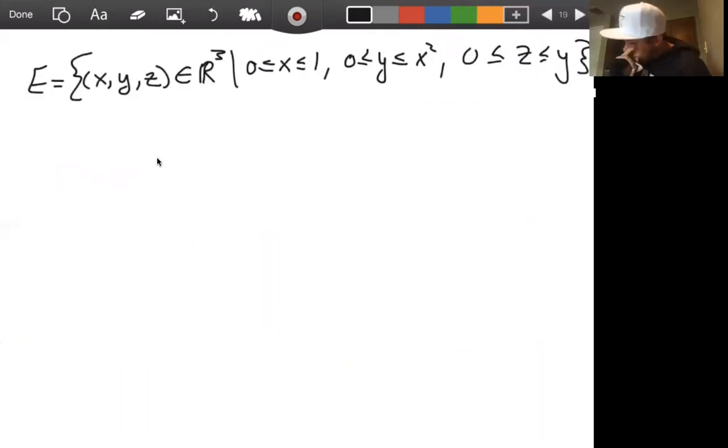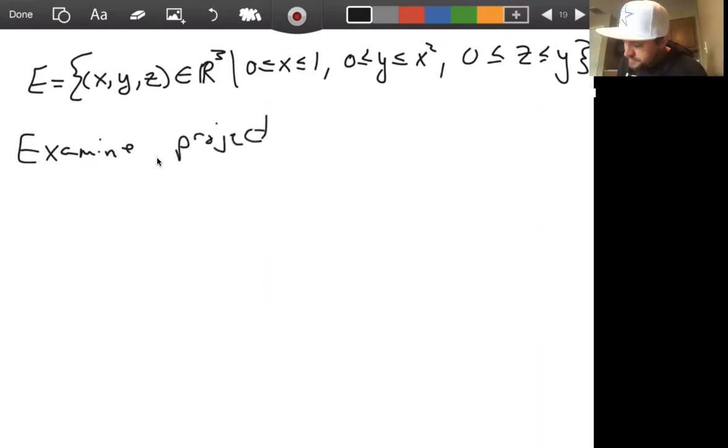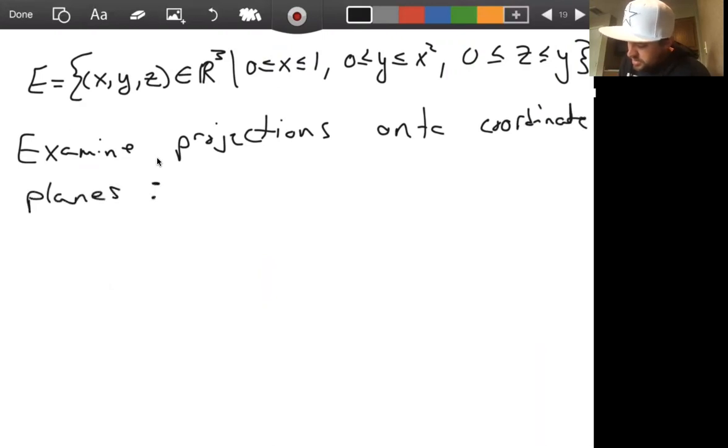Yes. So when you want to do this, you want to examine projections onto coordinate planes, right? So let's look in the xy plane.